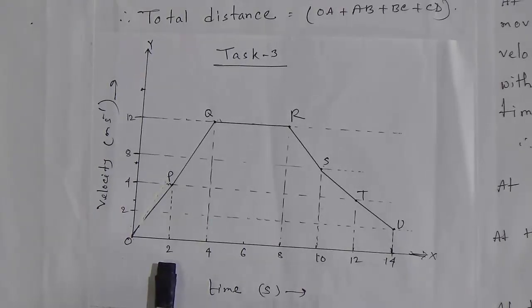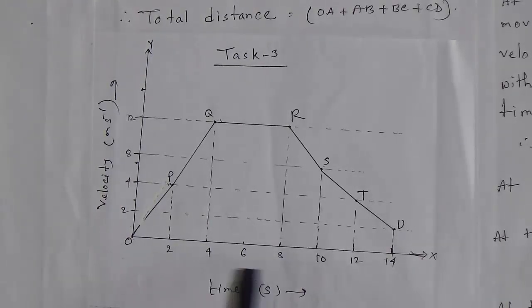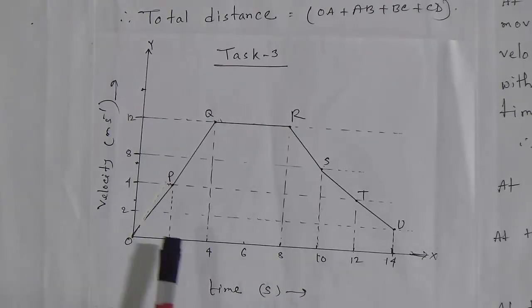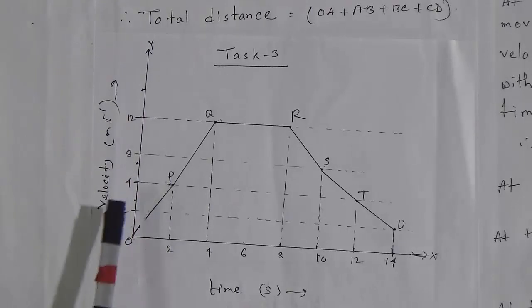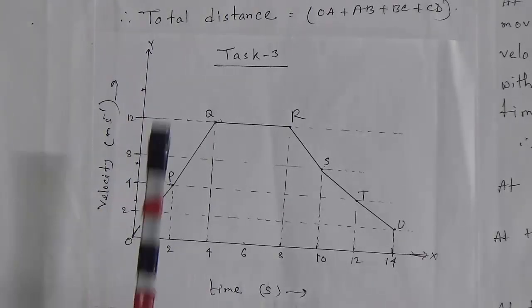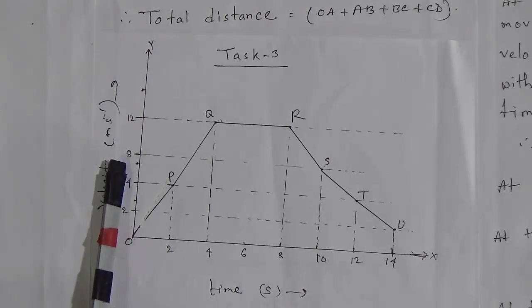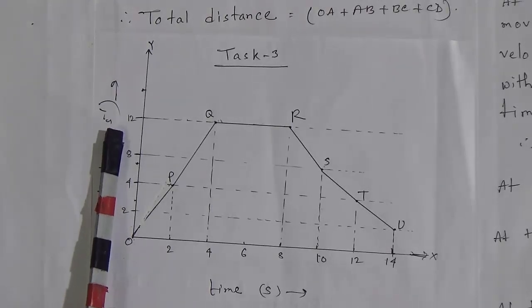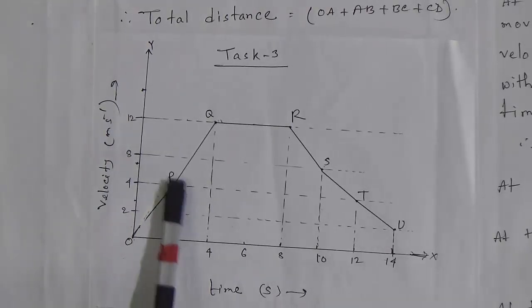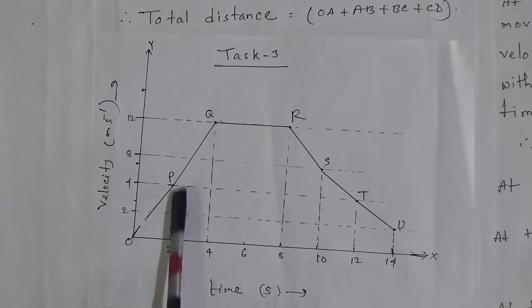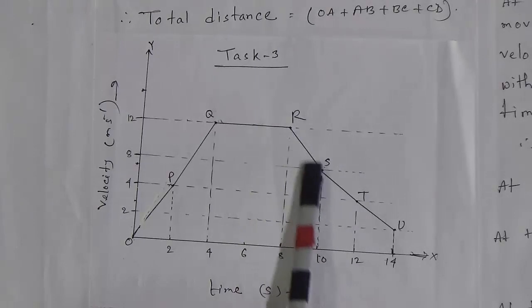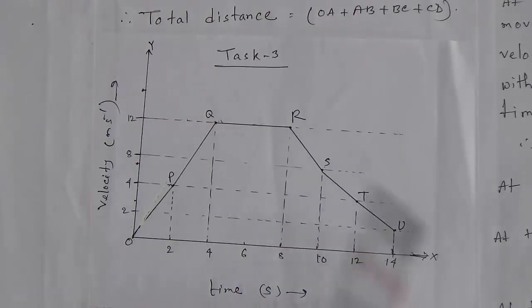Time is divided into 2 seconds, 4, 6, 8, 10, 12 and 14 seconds, and on the y-axis velocity is 2 meters per second, 4, 8, then 12 meters per second. Then this is the OP line, then PQ, QR, RS, ST and then the TU line.